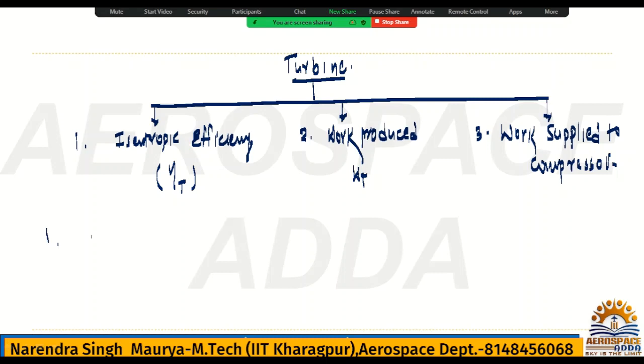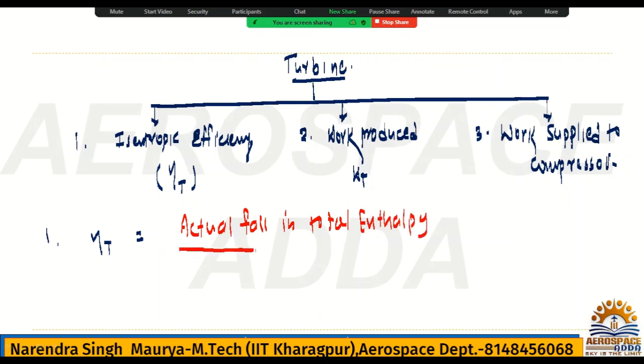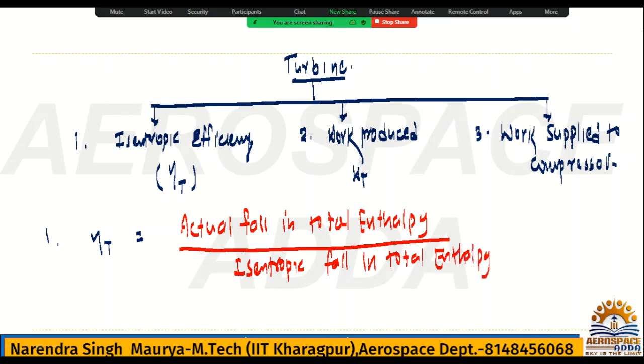So number one is what? Eta T. What is the eta T? Let me write here. Eta T is nothing but actual fall in total enthalpy divided by isentropic fall in total enthalpy.